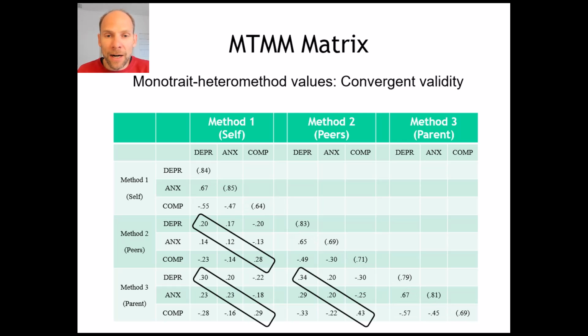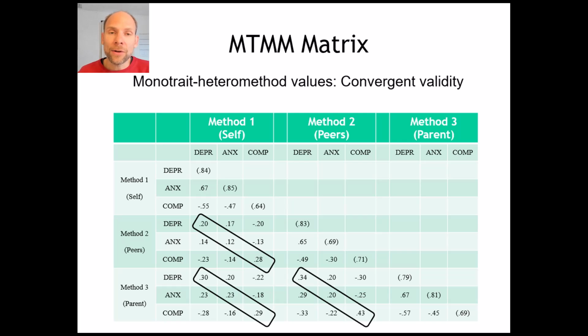Next are the subdiagonals below these triangles, and these subdiagonals contain the monotrait heteromethod correlations. So mono here meaning again same trait, and then heteromethod meaning different methods.